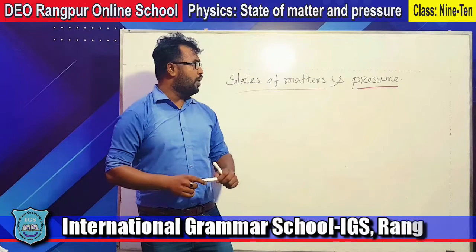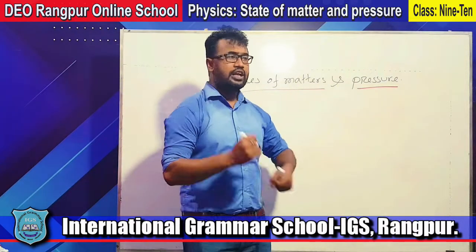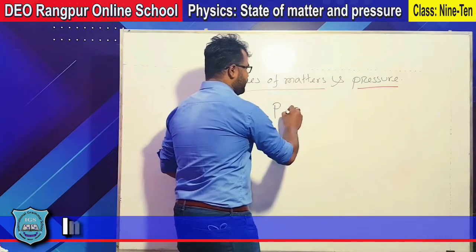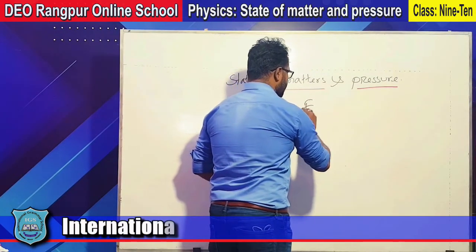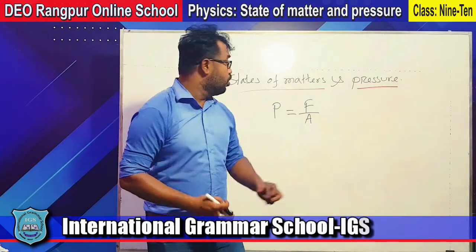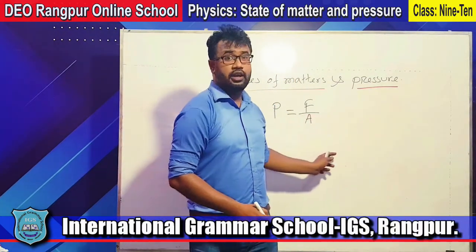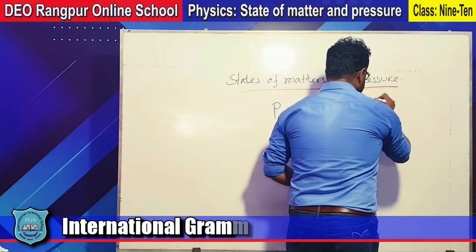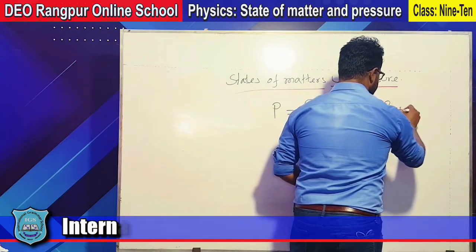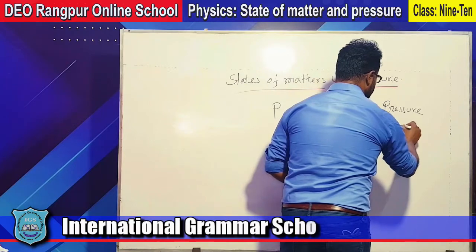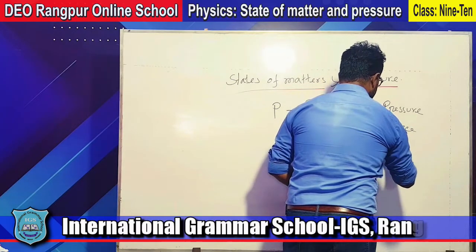If I want to define pressure, pressure is denoted by P, and P equals F by A. What are P, F and A here? P stands for pressure, F equals force and A equals area.